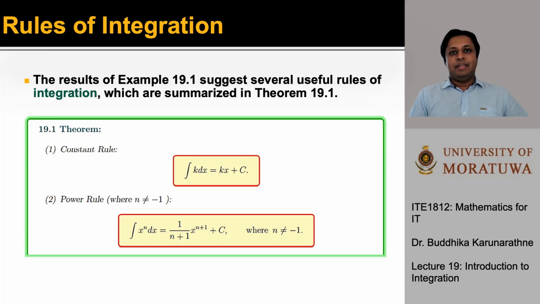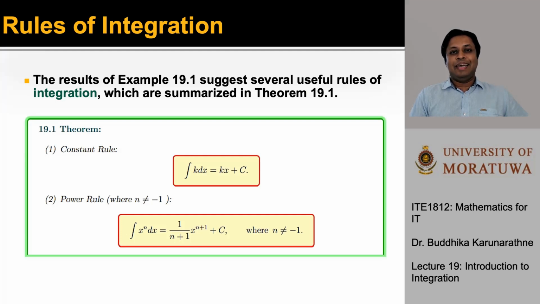You can even validate this by differentiating kx plus c. The constant c will be gone, because the differentiation of a constant is 0.